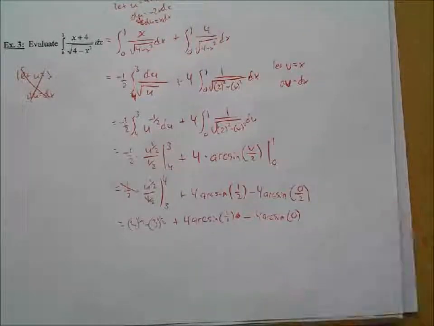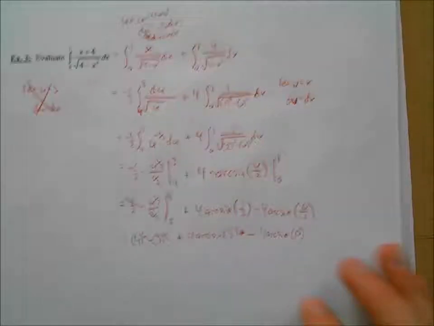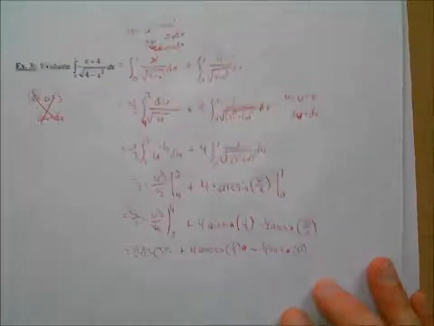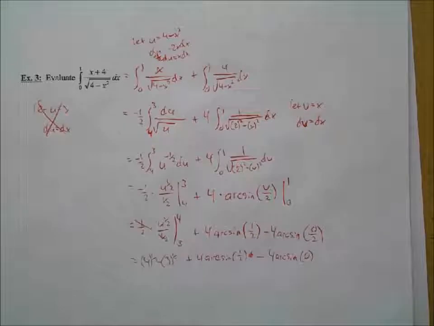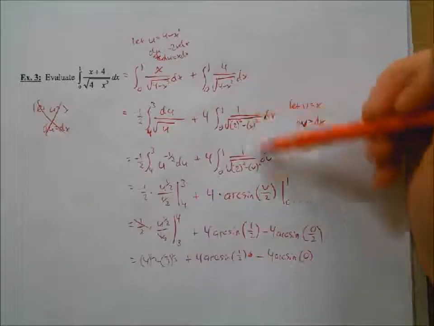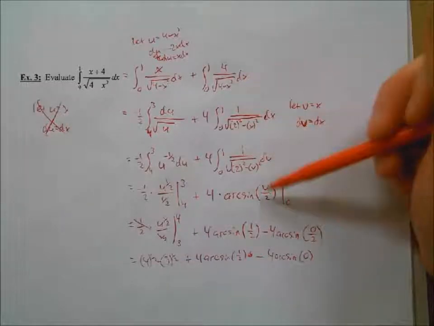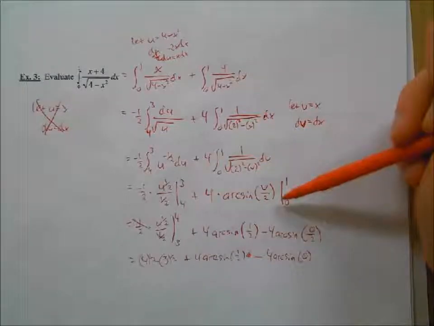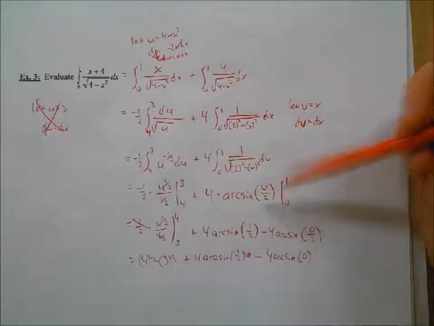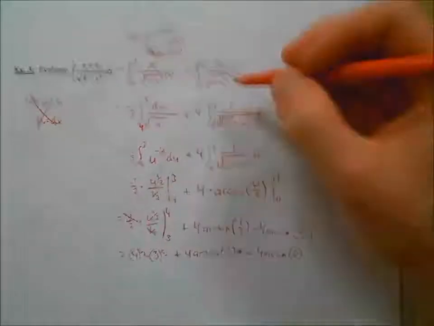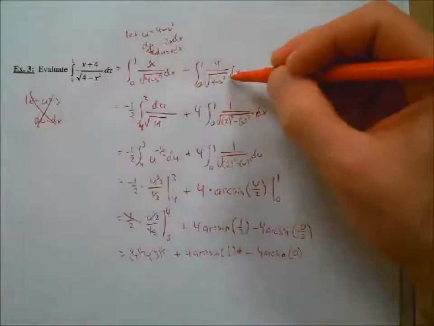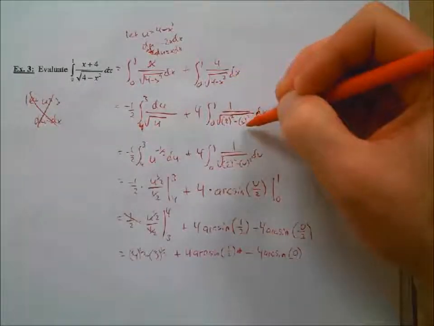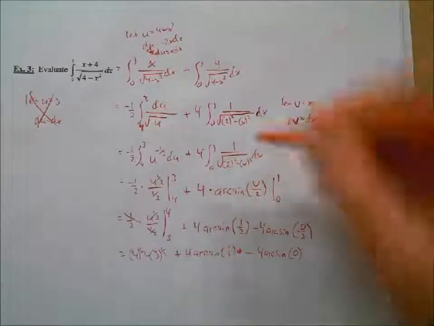Yes, Gabe. On the second part: if v equals 2x, would we still have to change the limit of integration? For example, if this was 4x squared, and therefore v would be 2x, then you would need to divide.